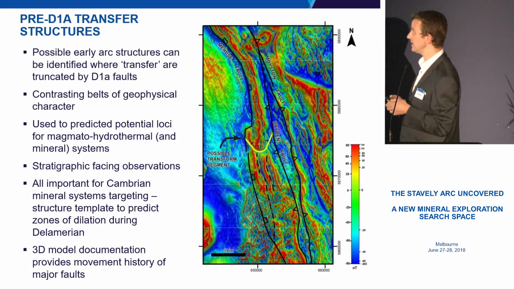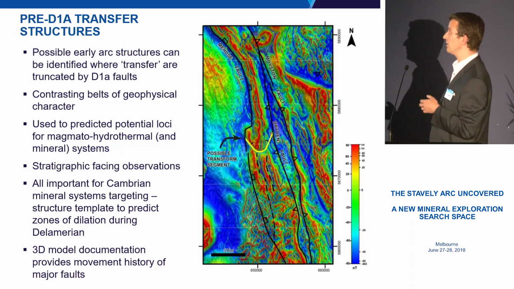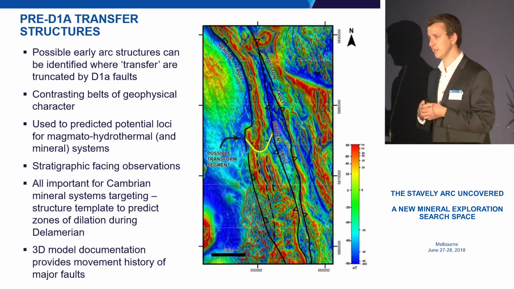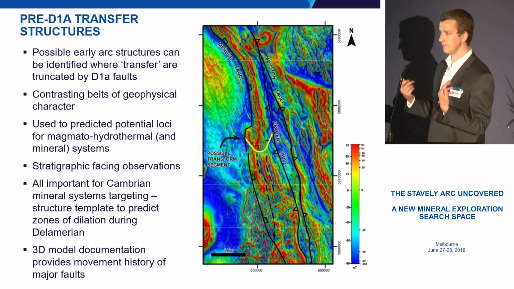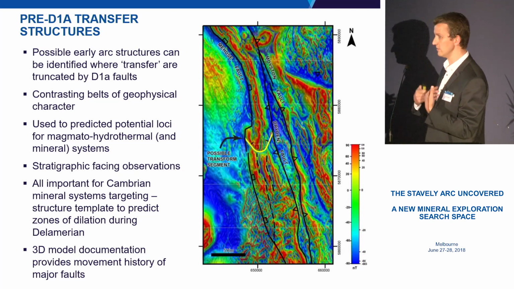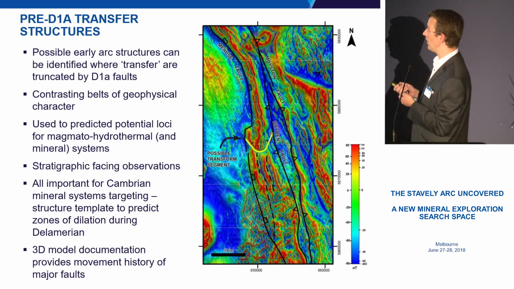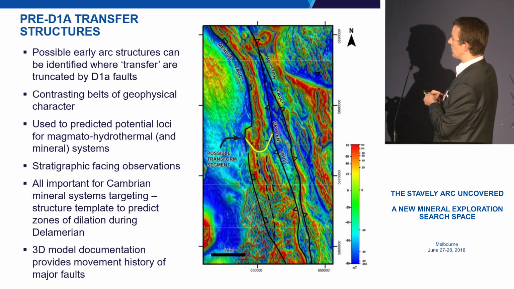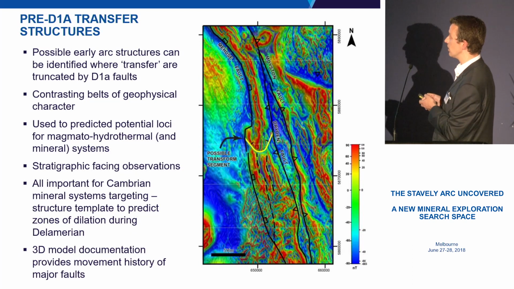Ross mentioned the furphy or the curveball that you may be thrown by differentiating early arc structures, which may concentrate the location of magmas and hence hydrothermal fluids and potentially mineral systems. This is an arcuate structure which truncates pretty consistent volcanic stratigraphy, alternating magnetic and non-magnetic volcanic stratigraphy in the Dryden belt.